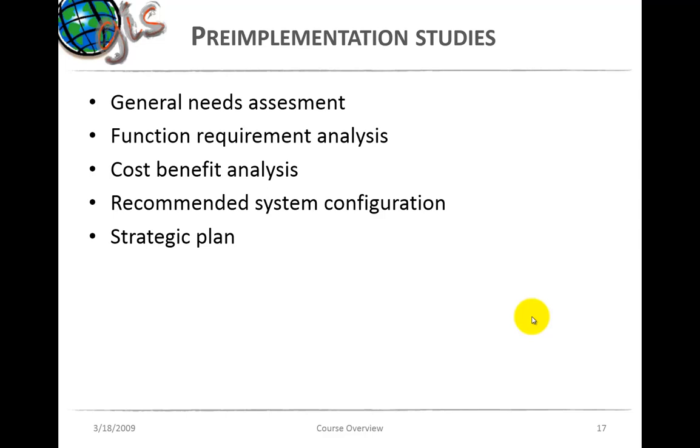You are trying to solve a particular problem in your company. So what is the cost of actually doing that, and what's the benefit coming out of it? You need to understand all this, and what the system configuration is, how this should be set up, the hardware and software requirements, and then you need to have a strategic plan that encompasses all this stuff.